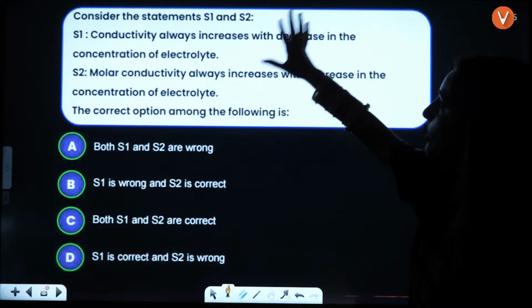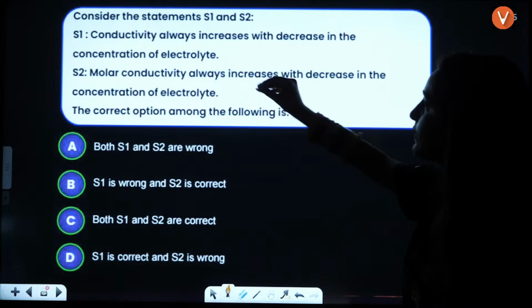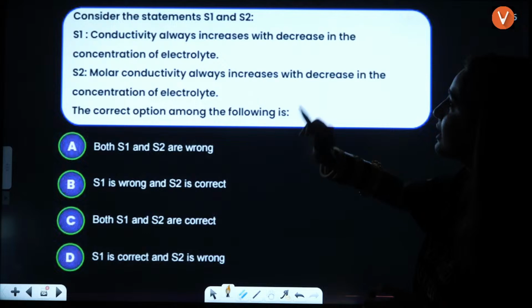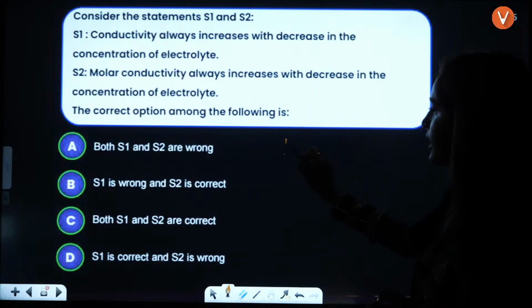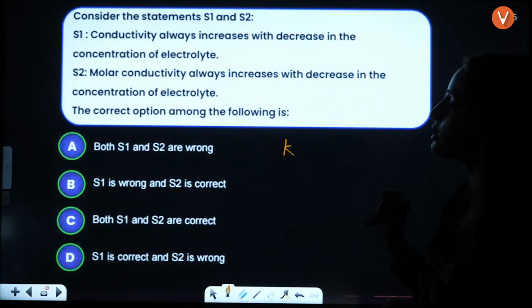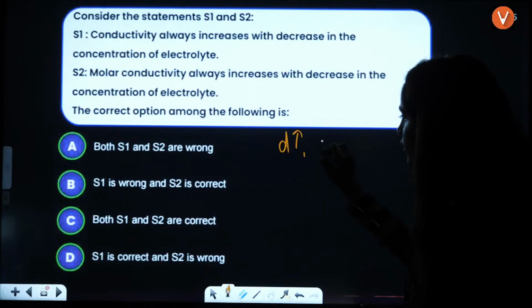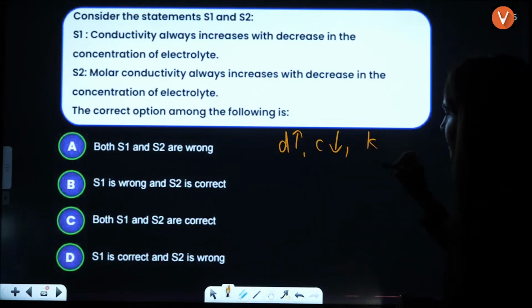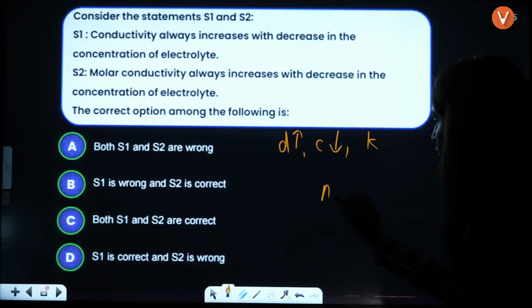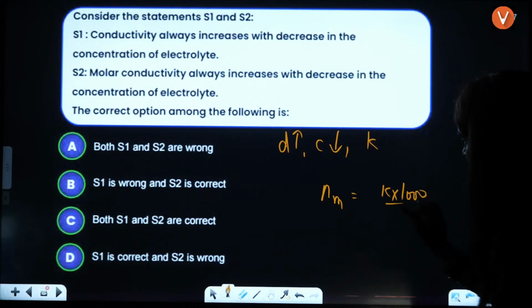Conductivity always increases with decrease in concentration of electrolytes. Second statement: molar conductivity always increases with decrease in concentration. Conductivity means kappa. Decrease in concentration means dilution. When you dilute something, concentration decreases and kappa also decreases. But molar conductivity is kappa into 1000 divided by molarity.